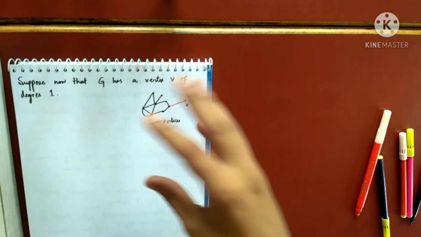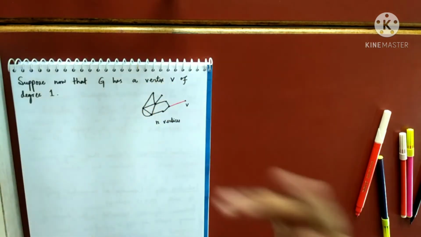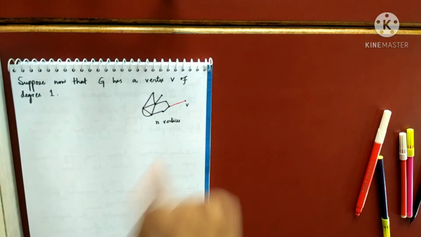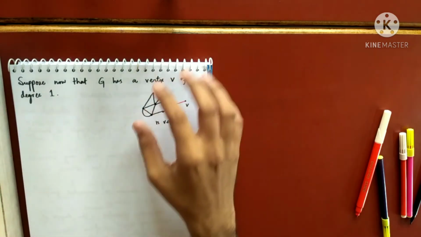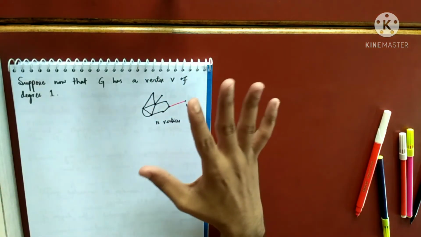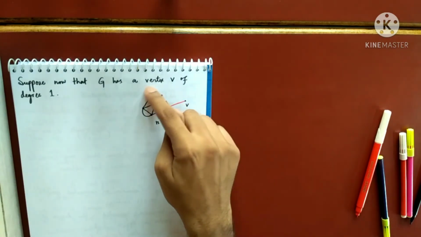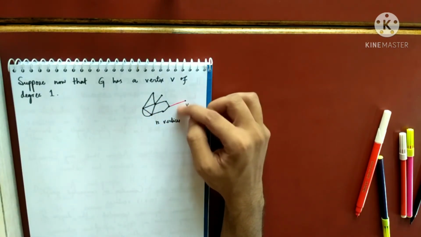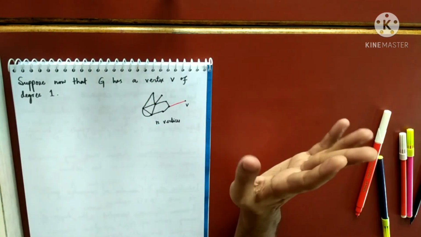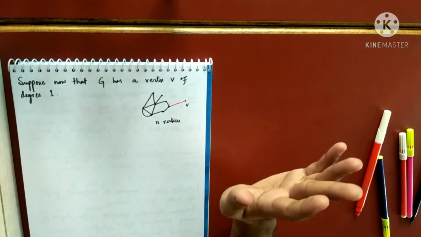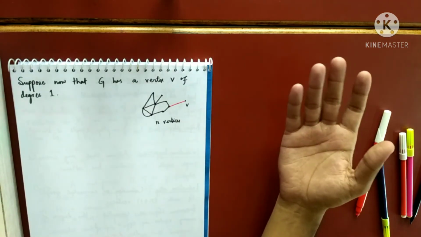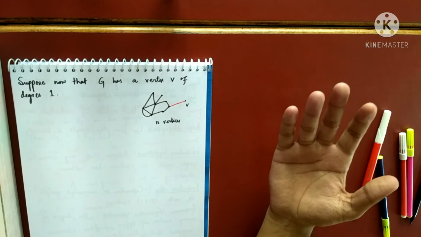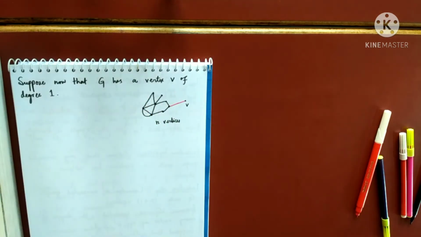You see, don't draw this diagram because G can be any other graph as well. But I am just drawing it so that you can understand. So G will have n plus 1 vertices. There are n vertices and there is one vertex V. As you can see, the graph G is connected, because that is given in the assumption only that G is a connected graph. So this is the scenario.